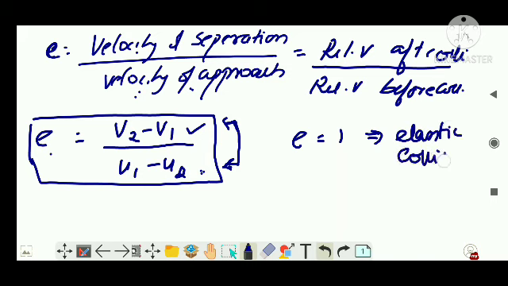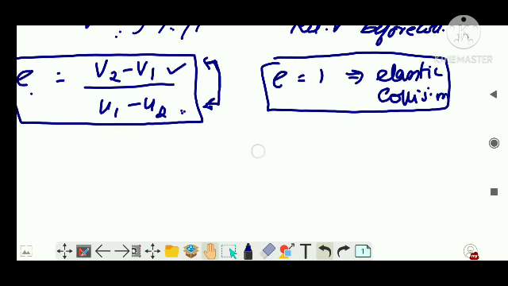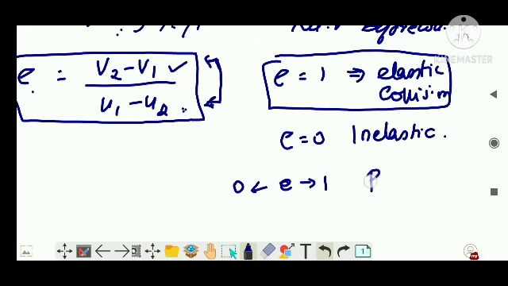So somewhere you see in a problem that e is equal to 1, you immediately say yes, that is an elastic collision. Now if e is equal to 0, then it is an inelastic collision, right? Clear? Sometimes e might lie between 0 and 1. That type is a partially elastic collision.